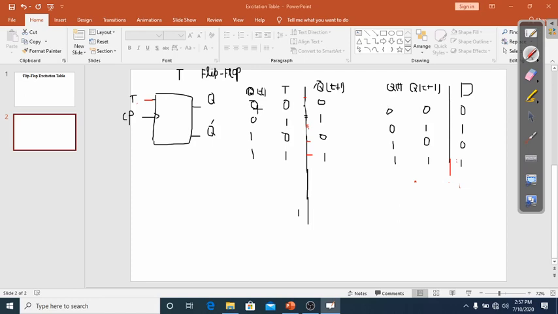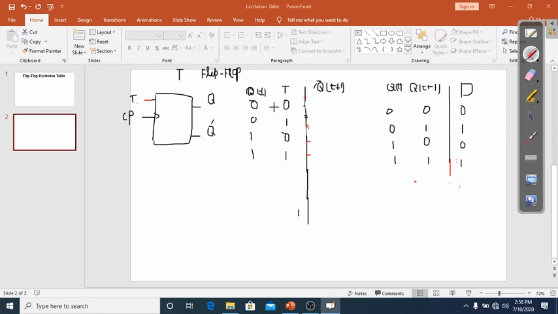It is also known as a toggle flip-flop. How does it toggle? If the input T is equal to 1, then it will toggle. If the present state is equal to 0, then it will toggle to 1, and if present state is equal to 1, then it will change to 0.